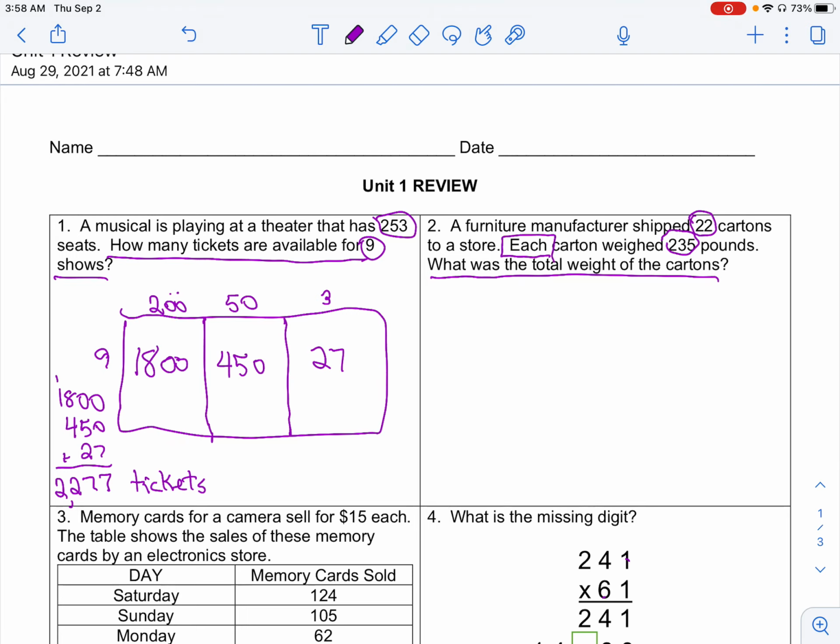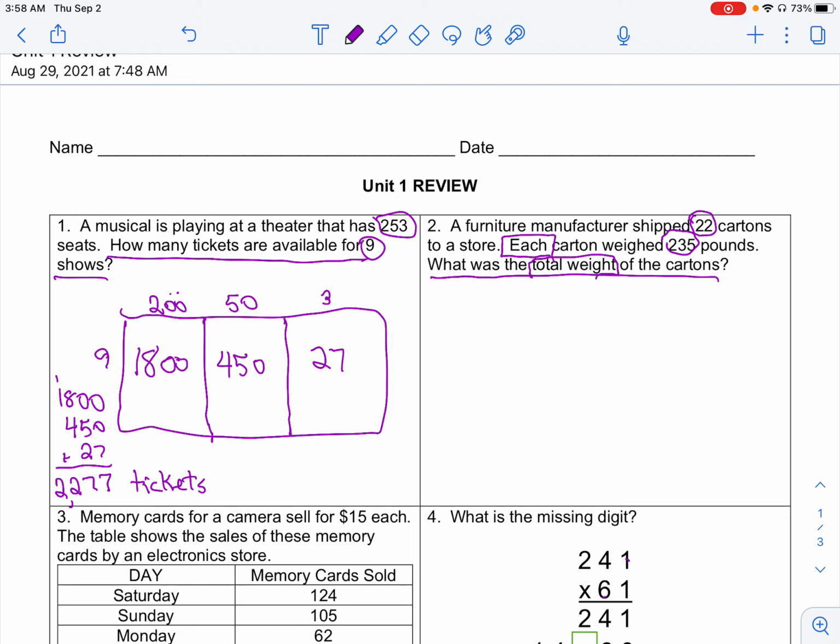Did you see that one? Each tells you that you're either multiplying or dividing often. This is a test on multiplication, so go with that. But think about it: you have 235 pounds for each carton, and there are 22 of them, so we're finding out the total weight. In fact, you could say total weight might be a keyword.